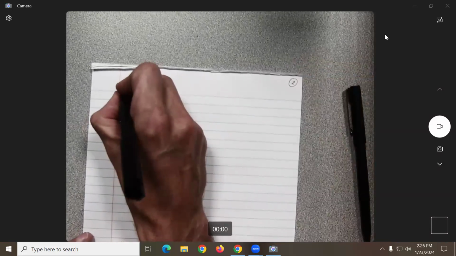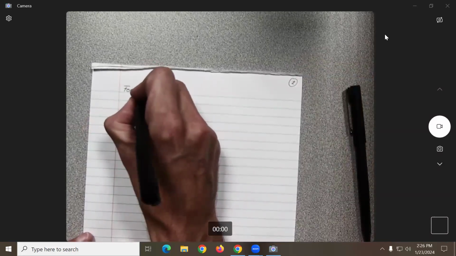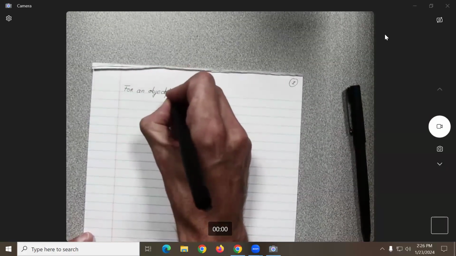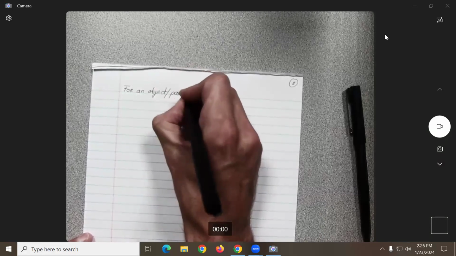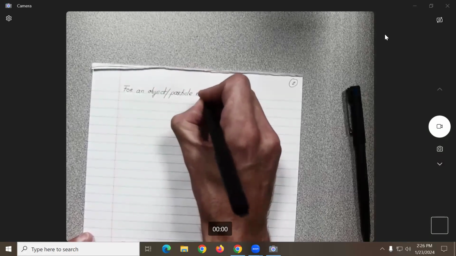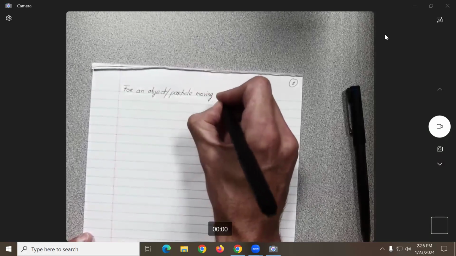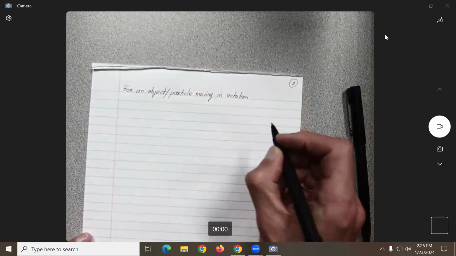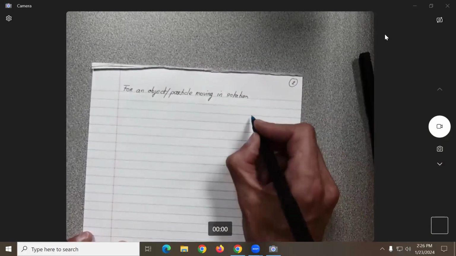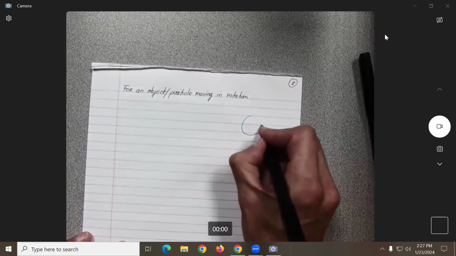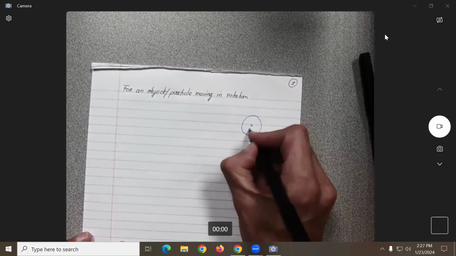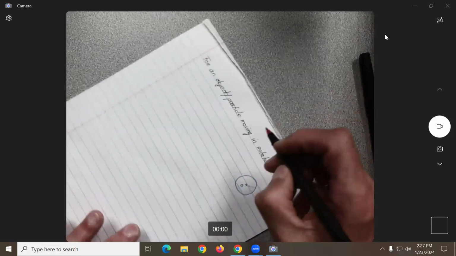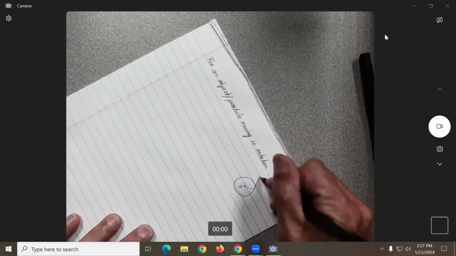So for an object, or if you want, a particle, moving in rotation, let's have here, okay, when something is moving in rotation, what do you know about the velocity?